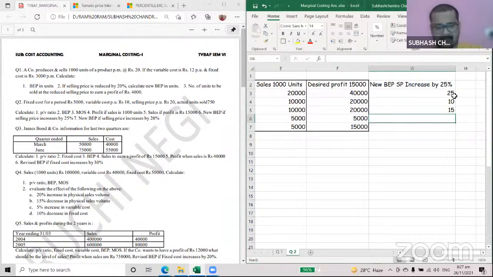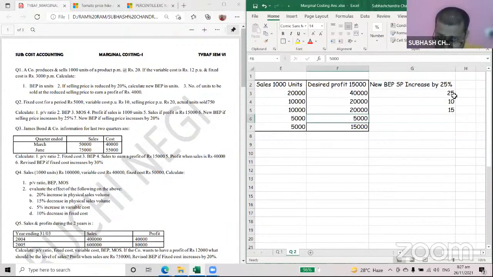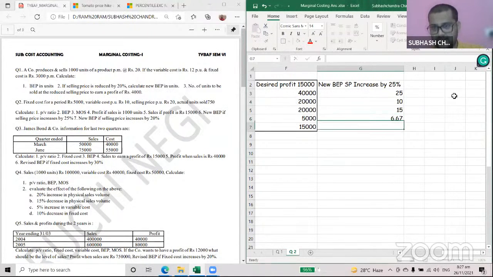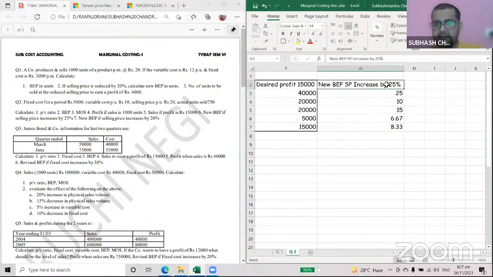Your fixed cost will remain the same. So what will be the final answer? You want BEP, so the formula of BEP is fixed cost divided by contribution per unit, very simple.